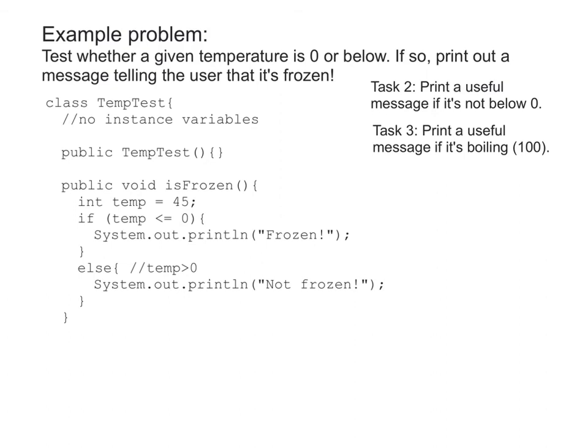So we've already done what we'll call task 2, which is print a useful message if it's not below 0. But let's add one more layer of complexity and print a useful message if it's boiling. And in Celsius, boiling point is 100 degrees. So how do we do this, you might ask, because we've already used our if clause and our else clause.